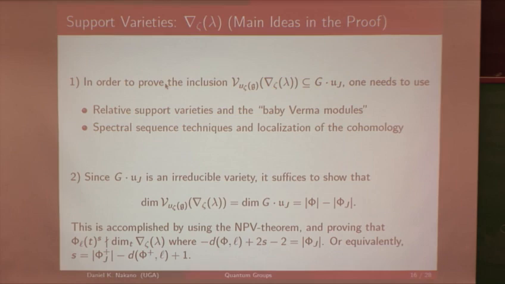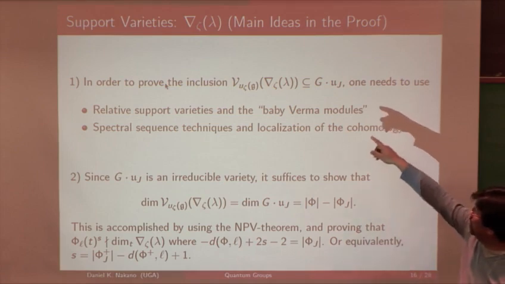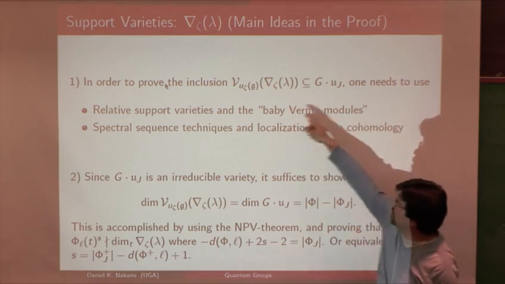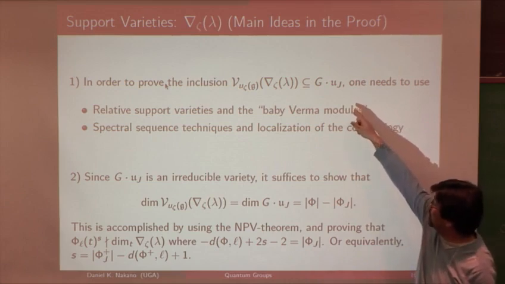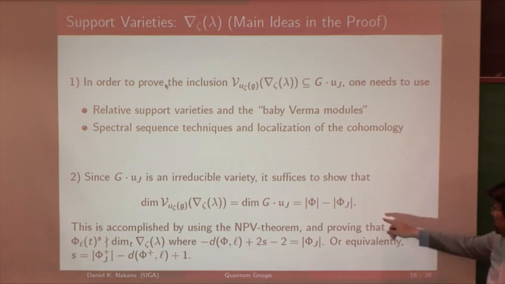All right. So since this G times u_J is an irreducible variety, in order to show equality, I just have to show the dimension of this one is equal to the dimension of that up here. Okay, so I have to show this equality up here. We know what the dimension is.